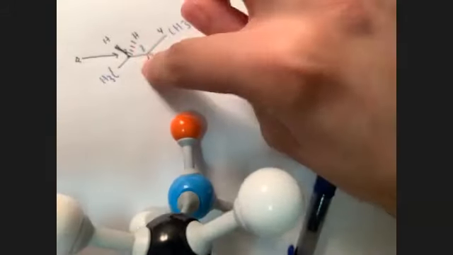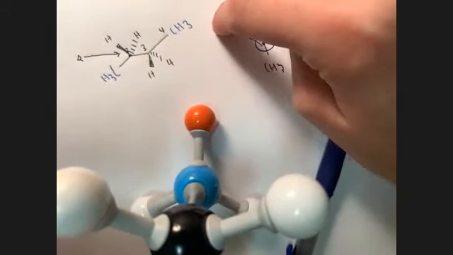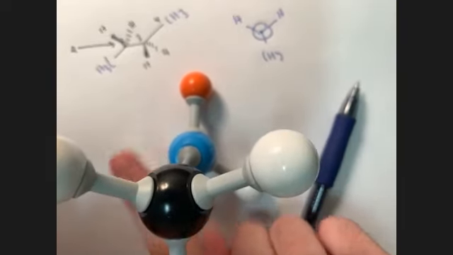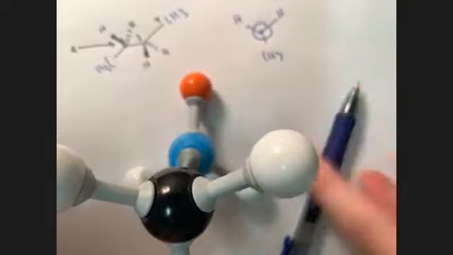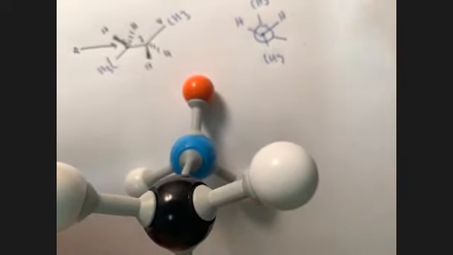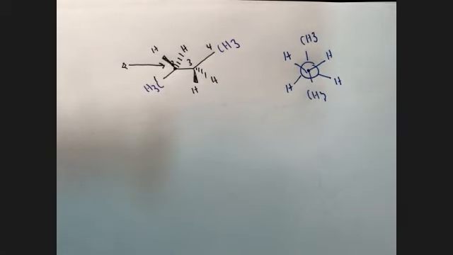Yeah, I have a hydrogen on a wedge, a hydrogen on the dash, and a CH3 going directly up. So that's why I'm going to draw CH3. This one is that guy, and this one is that guy. Okay? So that's how we get these Newman projections. Is everybody clear on that visual? Okay, I think it's important.